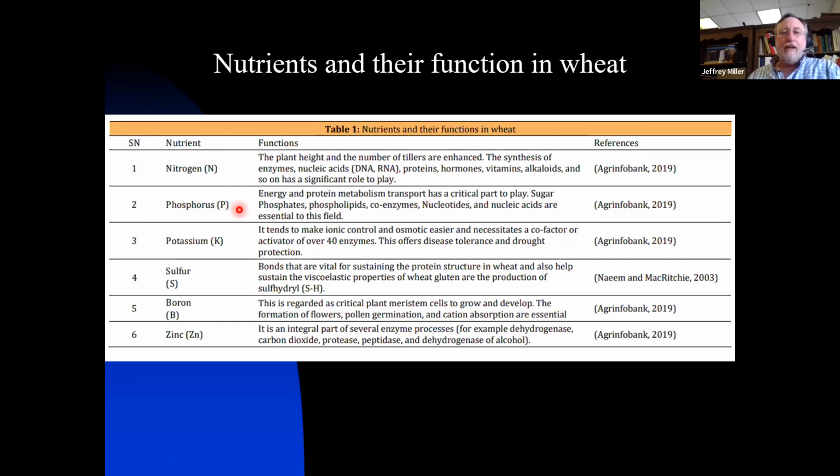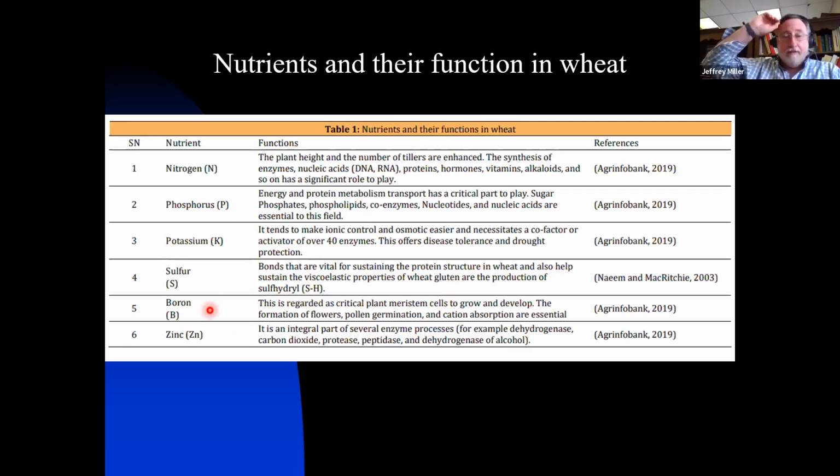Phosphorus, very involved in the energy cycle within plants and also in protein metabolism. Potassium definitely impacts the ion levels within the plant, and it also controls the amount of moisture that's lost through transpiration. Sulfur is an important component in producing proteins within the plant, and in wheat, it's very involved in wheat gluten.